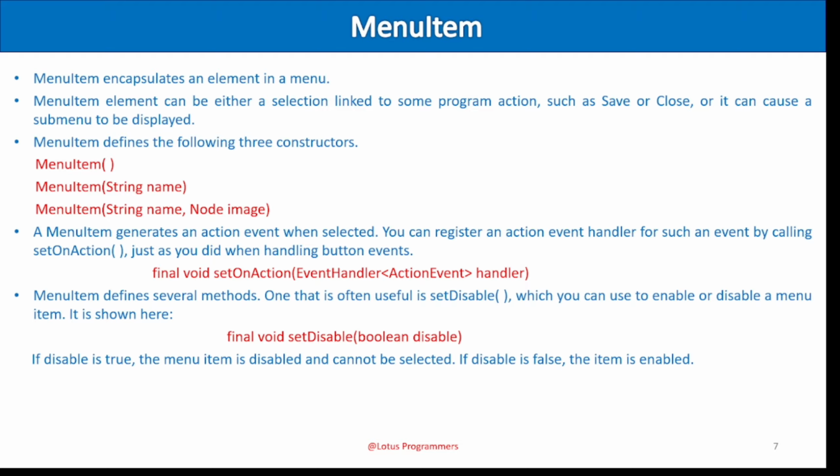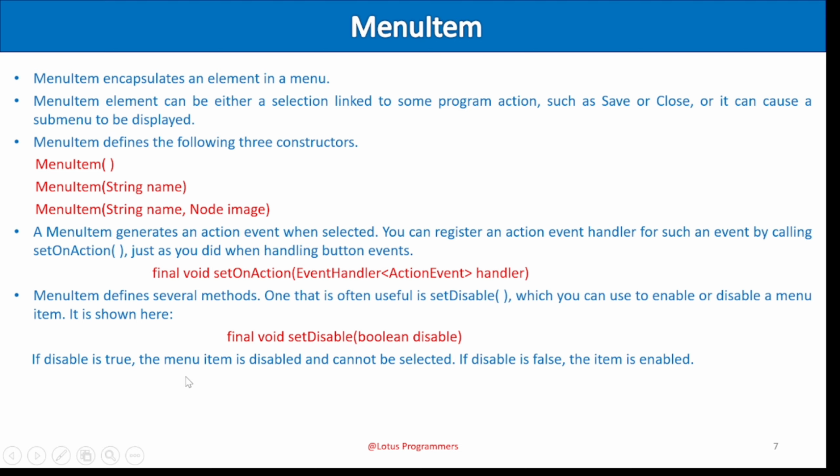Suppose the menu system is created and several menu items are there. If programmatically you go for disabling any menu item or any menu, call the setDisable method. The setDisable method sets the menu item in the disabled condition by passing true as the argument.